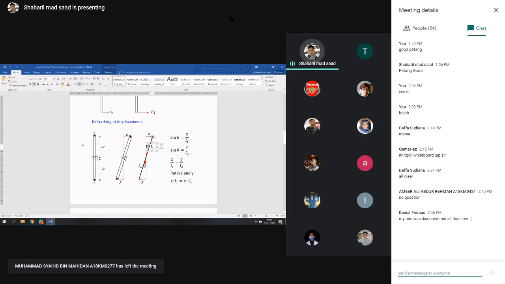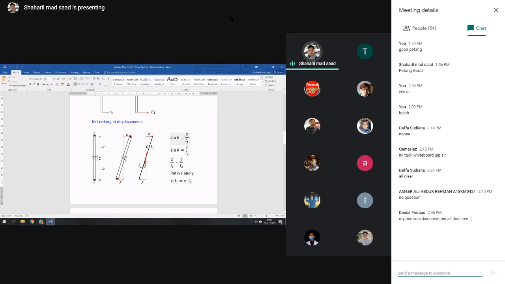From this angle, you can find sine theta equals Z over L1. This will give you some displacement Z and also Y, for example. And the same angle for this one: sine theta is equal to Y over L2.